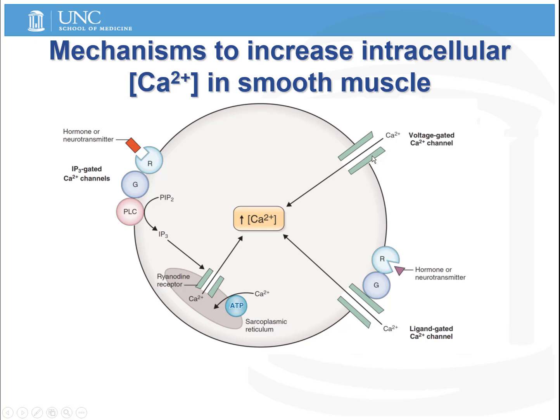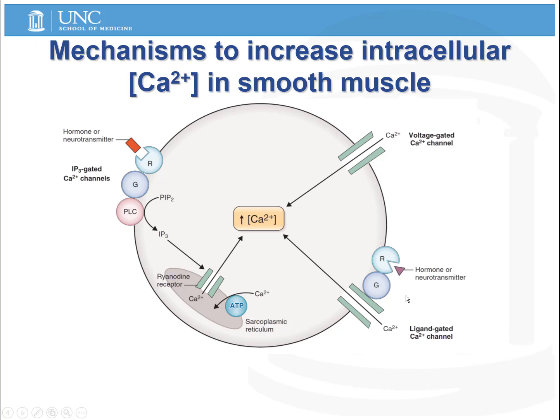This depolarization that opens the calcium channels can be either subthreshold depolarization, where an action potential is not fired, or it can reach threshold and cause an action potential. Either of those cases would open voltage-gated calcium channels and allow calcium influx.